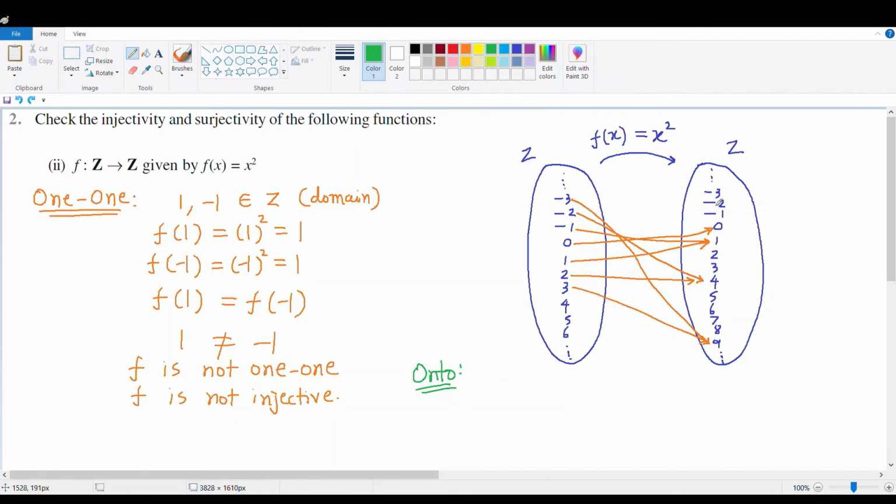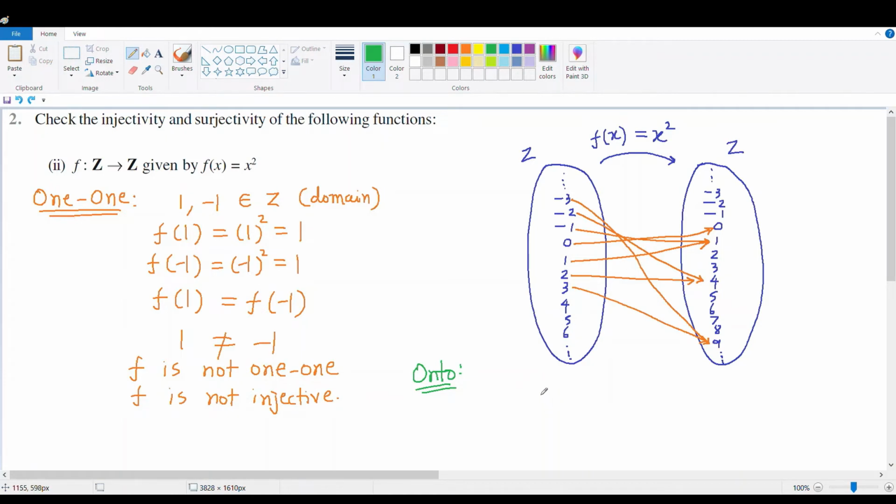See, -3. Whose square is -3? None. So all those negative numbers are going to be spare, like they are just lying there. They are not used by this domain. Even 2, even 3, even 5, even 6, 7, 8. So not all numbers of this codomain have a pre-image in this domain. So this function is not onto.